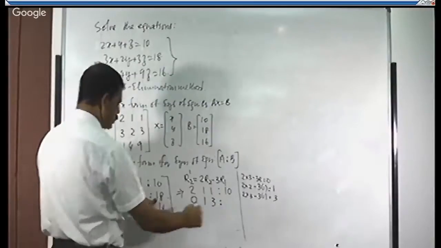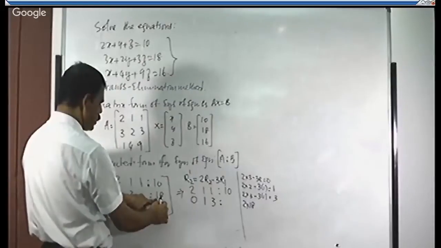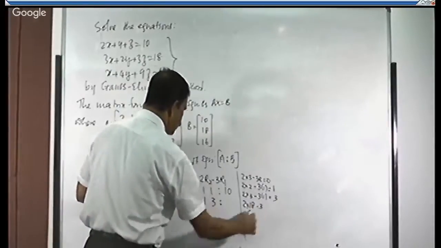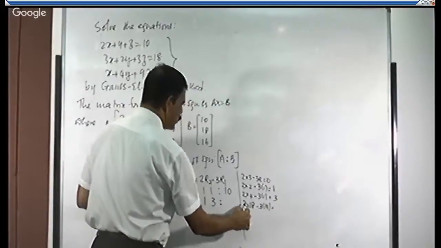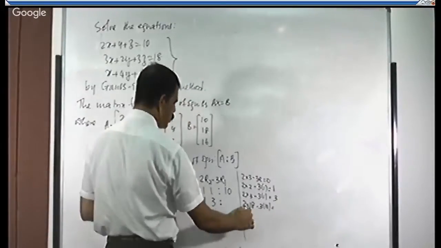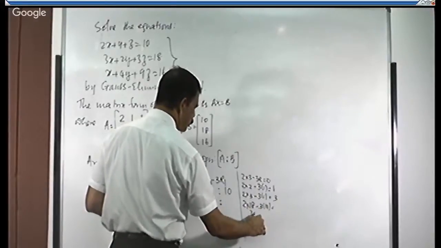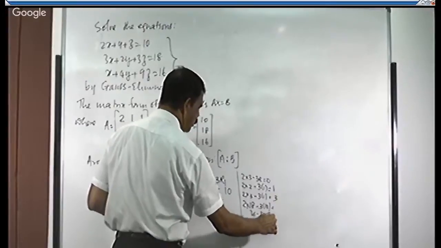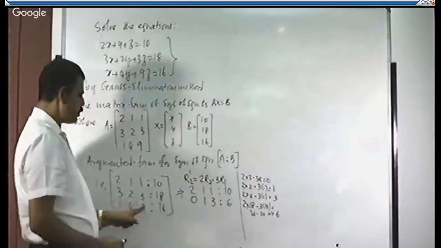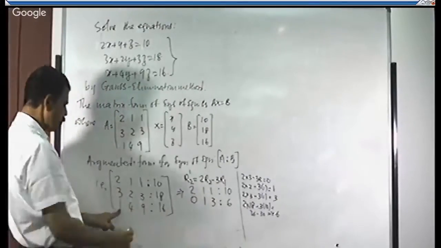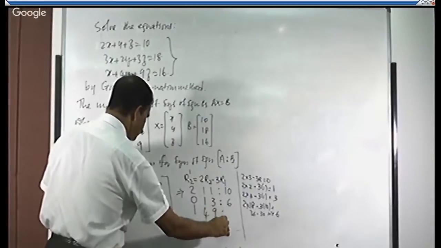Again, apply for this also. 2 into R2, which is 18, minus 3 times R1, which is 10. 2 into 18 is 36, minus 30. 36 minus 30 is 6. I have not changed anything in the first row and third row. Write it 1, 4, 9 is to 16.